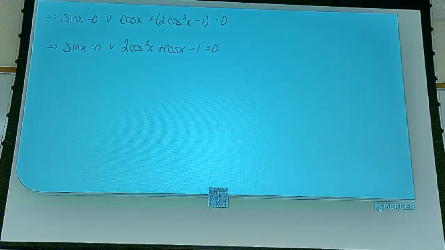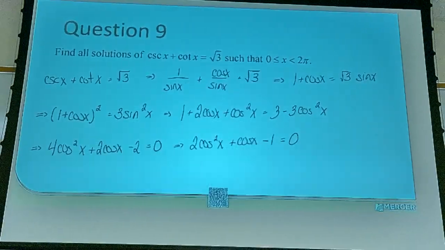In fact, did we solve one like that already? 2 cosine squared plus cosine minus 1 equals 0 right there.